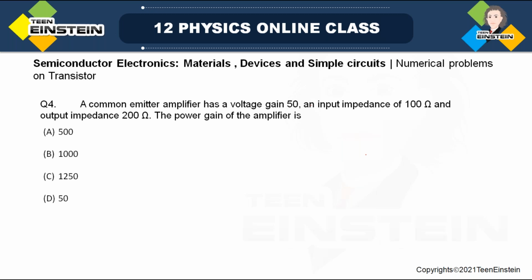You have to find what the power gain is. So voltage gain is given, you have to find power gain. I hope you remember how to find power gain.